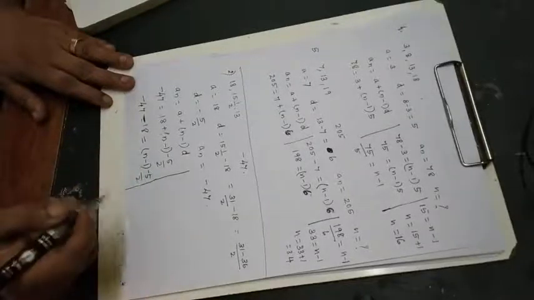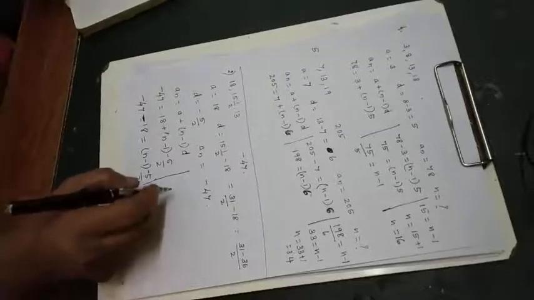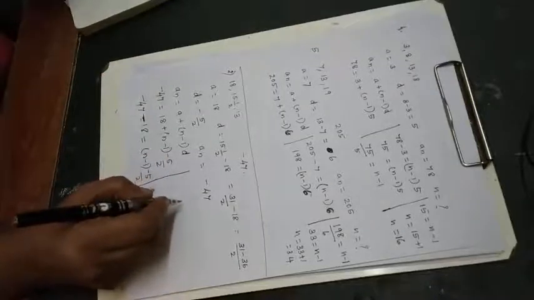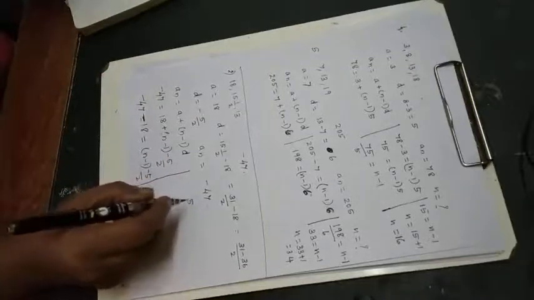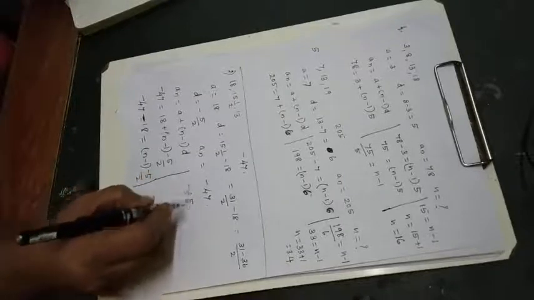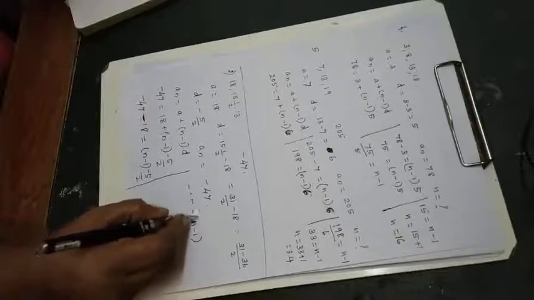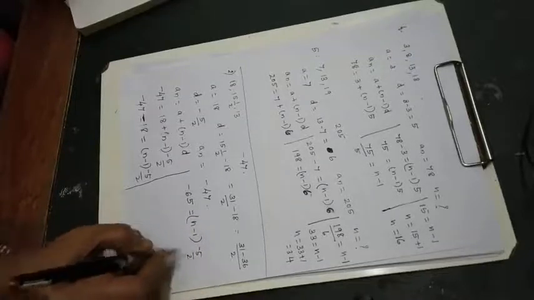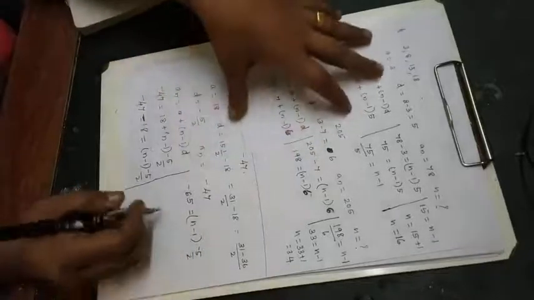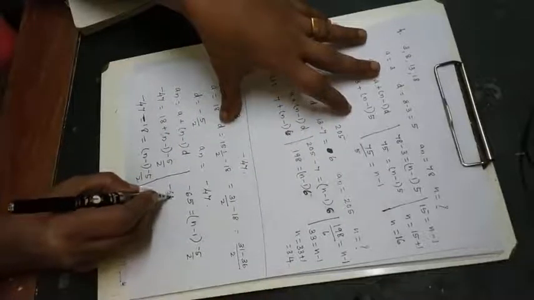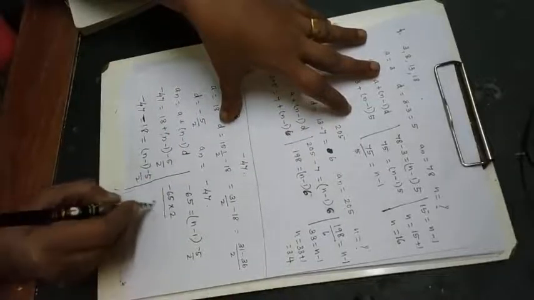So negative 47 minus 18, both are negative, so you can add that. So it will be negative 65 is equal to n minus 1 into negative 5 by 2, or cross multiply, negative 65 into 2 by negative 5.